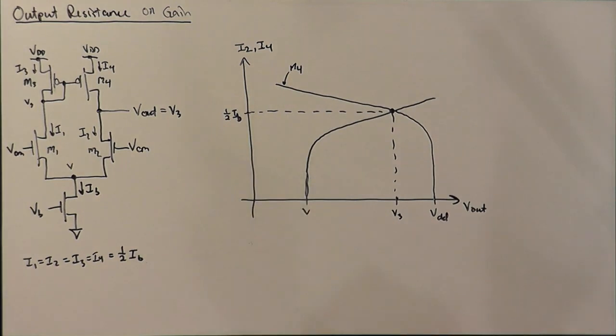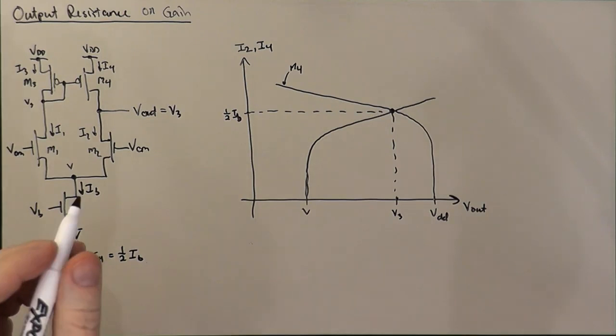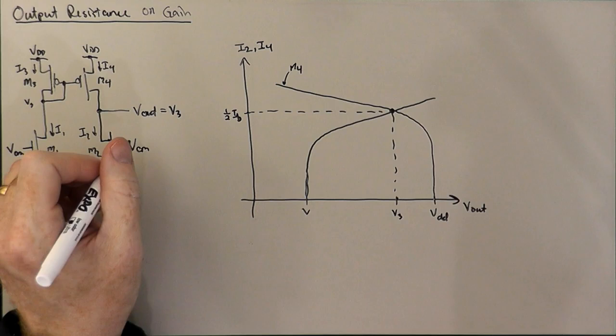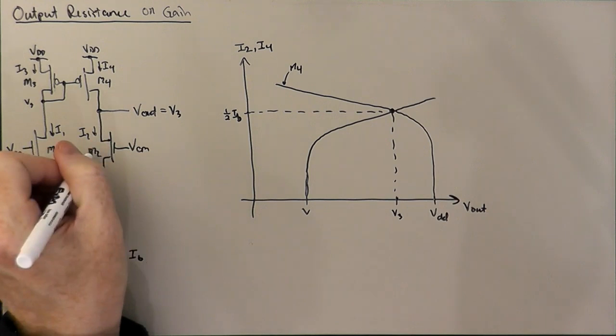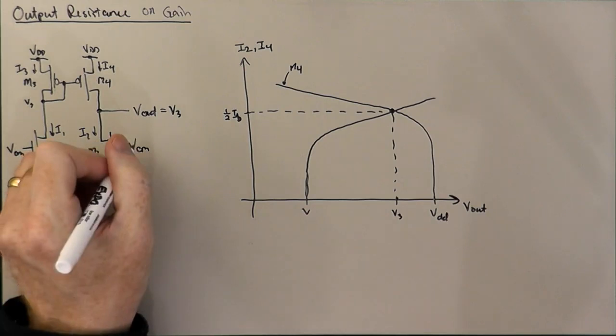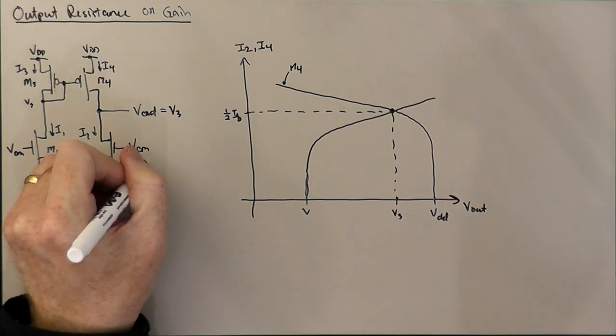And what we want to do is increase the voltage on M2 by some delta V2.